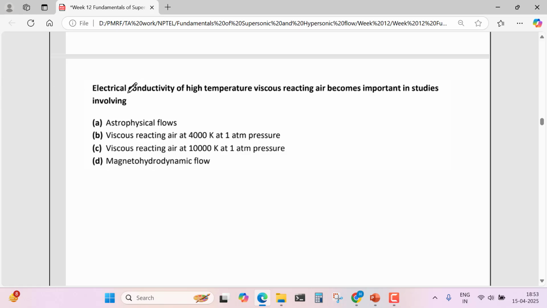So electrical conductivity becomes important whenever there is involvement of electrons. So when electrons become involved, when there is astrophysical flow or when there is ionization.